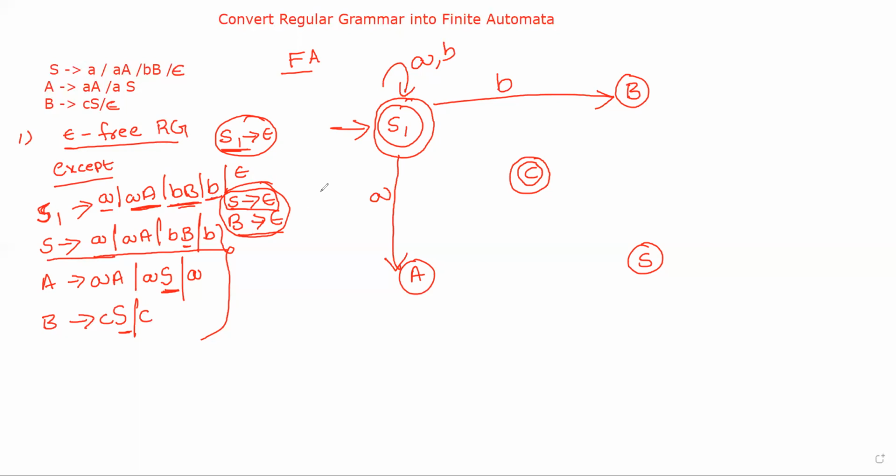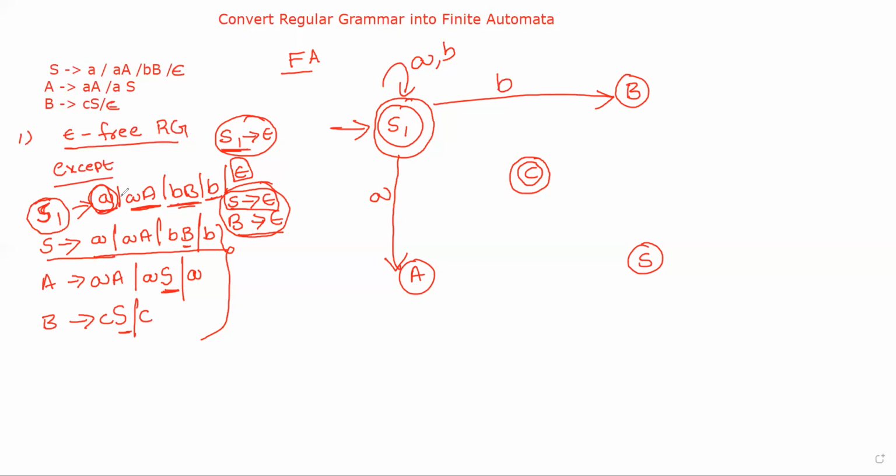But observe carefully. Here, this is not correct. Why? Here, S1 tends to epsilon, this is the final state, and S1 tends to A as well. That means in each and every finite automata, we have to create a new final state.